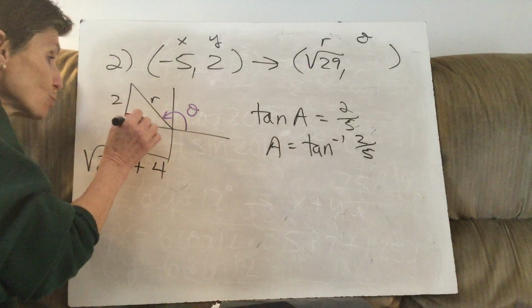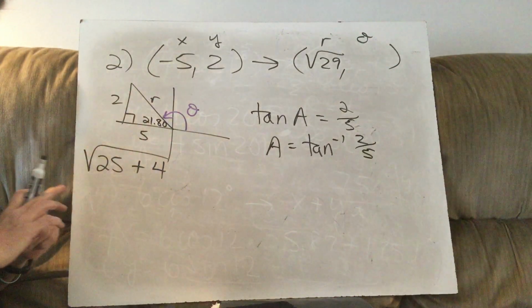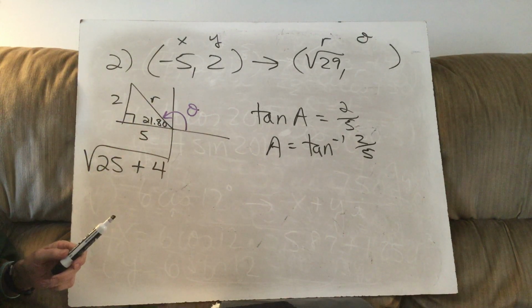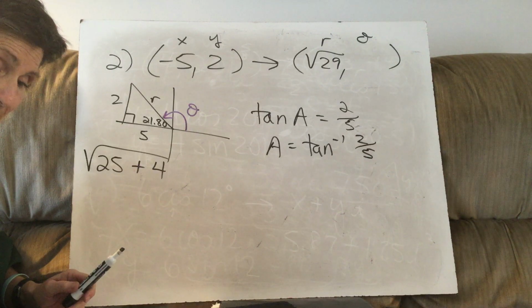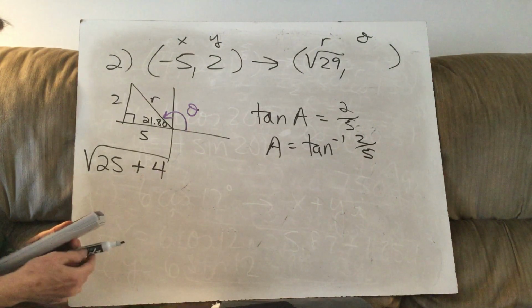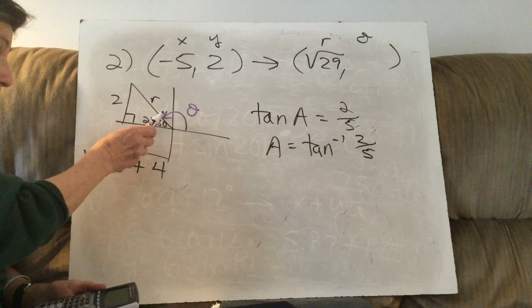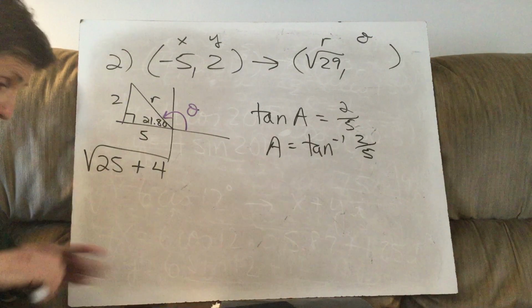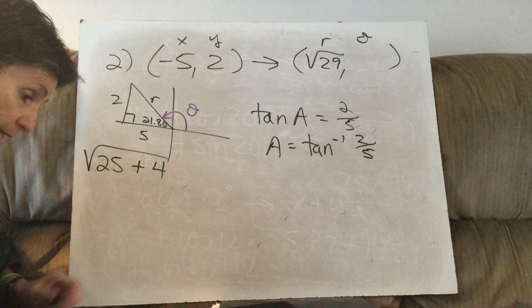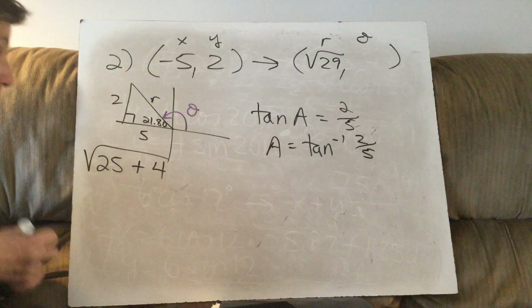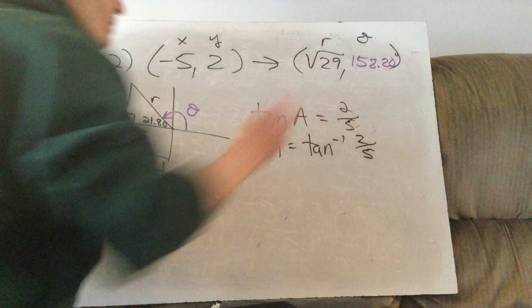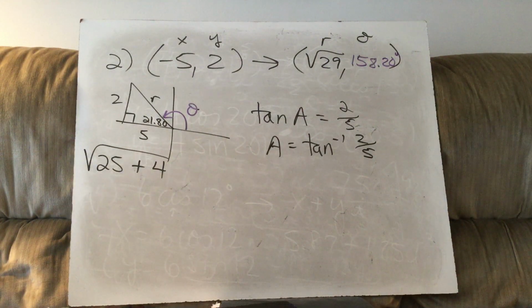So this guy is 21.80, which means my purple angle will be 180 minus 21.8. See where it is? It's less than 180. It's 21 degrees less than 180. So my purple angle is 158.2. And there are the polar coordinates for problem number 2.